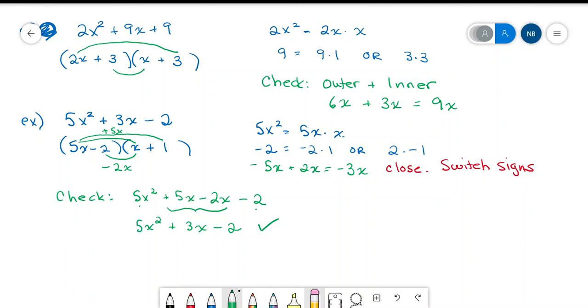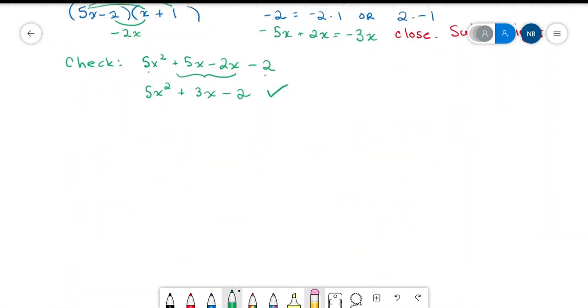All right, next example. 2x squared plus 19x minus 10. So we have some bigger numbers here. The 2x squared is easily factored into 2x times x.